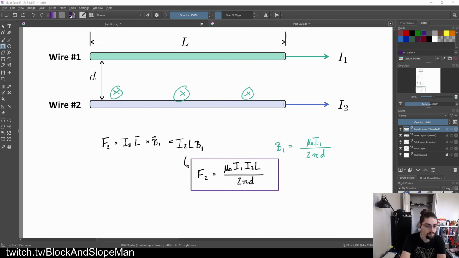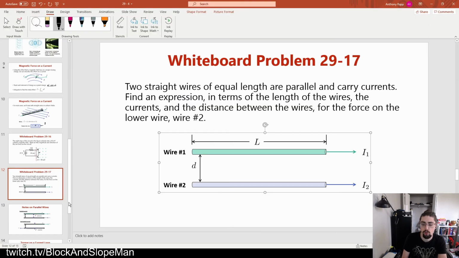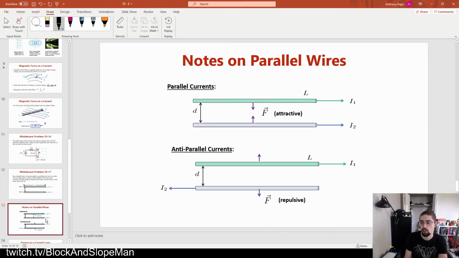All right. Now, one thing that I haven't specified here is what direction this would be going. Generally, when we're talking about parallel wires like this, we've really got two circumstances. They're either going in the same direction, in which case, let's go back to our picture to confirm this real quick.